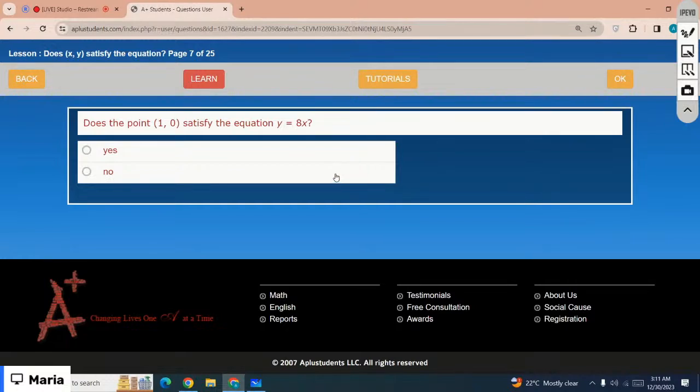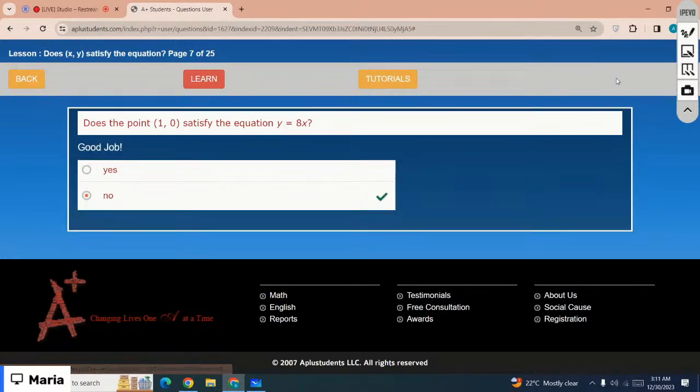The correct option is no, this (1, 0) is not the solution of the equation, right?